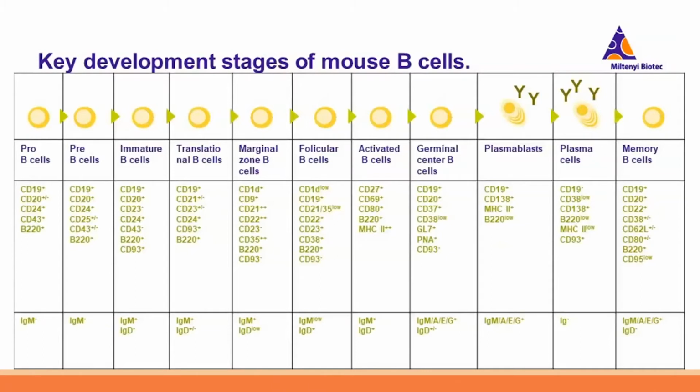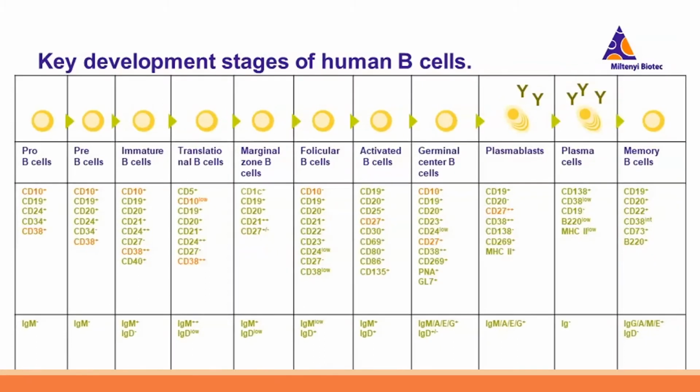You see there are a lot of markers, so it's really complicated to remember all of them and to find the right marker combination to really look into the cells. And when we now look at the list of the human B cells, you see there are quite some differences from the mouse B cells. For instance, CD10 as a marker is quite unique to several stages of development for the human B cells, and we also have CD38 as a marker quite early in development of B cells.